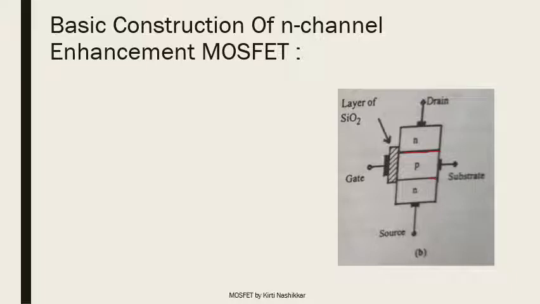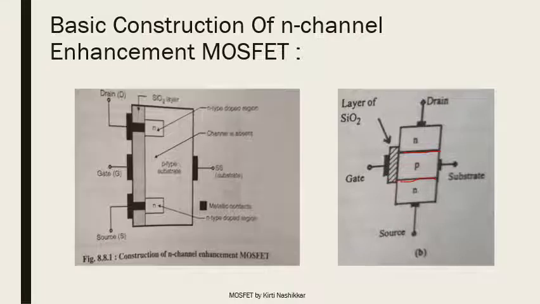That is the basic difference between enhancement and depletion MOSFET, and because of this extension of the p-type substrate till the SiO2 layer, there is no channel or N channel present in the enhancement MOSFET. As you can see here also, there is no channel present.